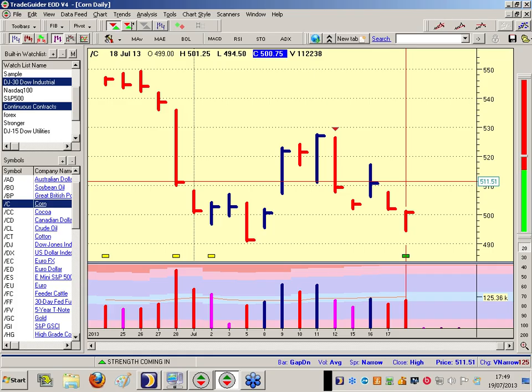And there is supply present. Markets work on supply and demand. And you've got too much supply here, look. Very high volume on these up bars. Markets don't like this very high volume on these up bars because that's supply hitting the market, and that's why it's come off.